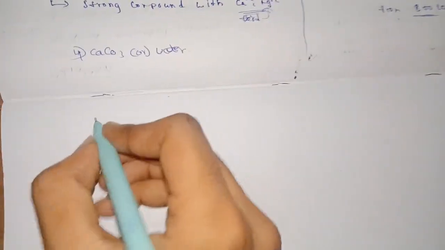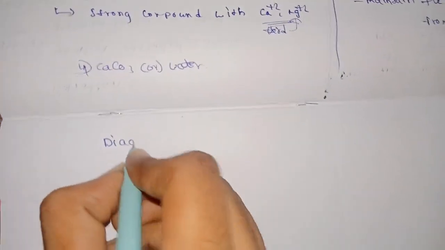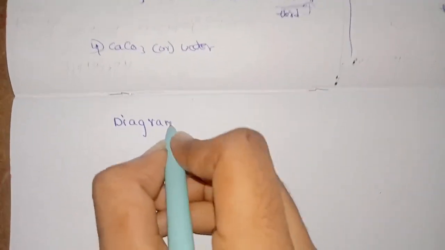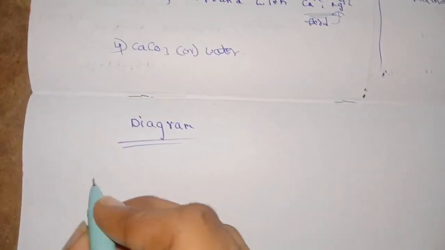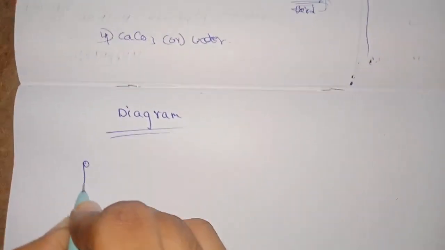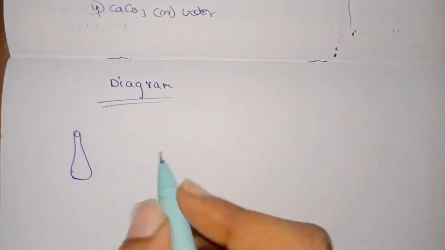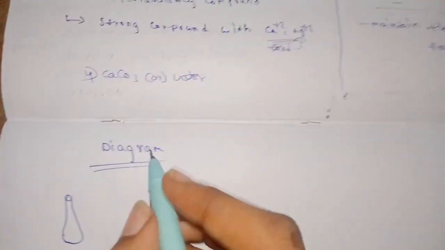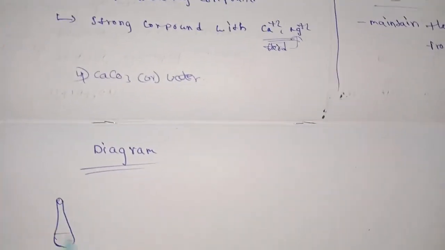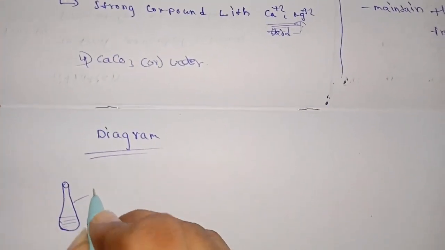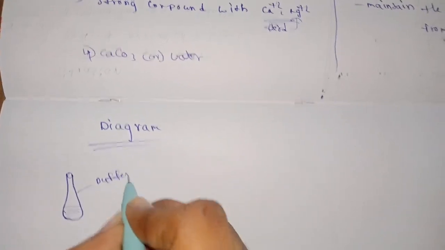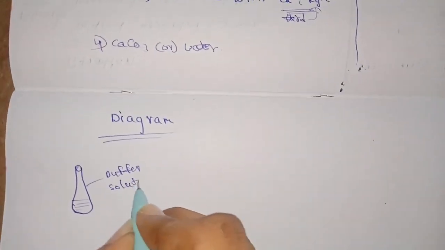So let's go to the diagrammatic manner, because we are not in a lab. Firstly we have to take the buffer solution, for example this one.